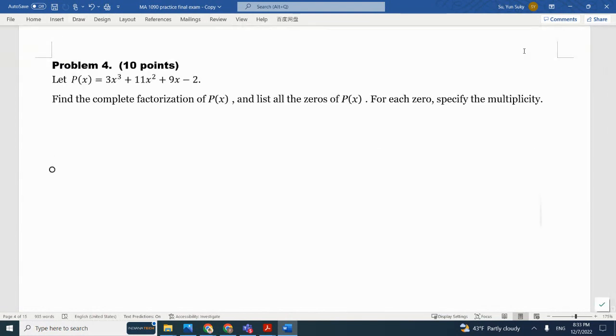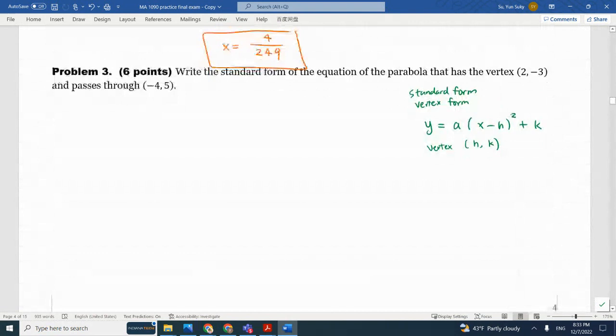So h is 2, k is -3. Therefore, when you plug in the vertex form, y is a, we don't know yet, h is 2, k is -3.